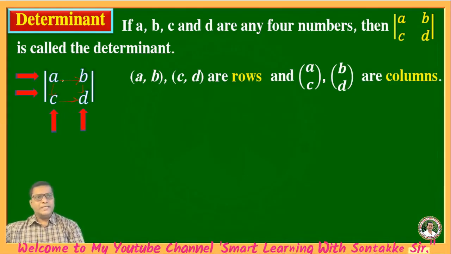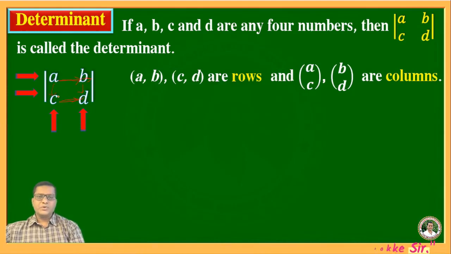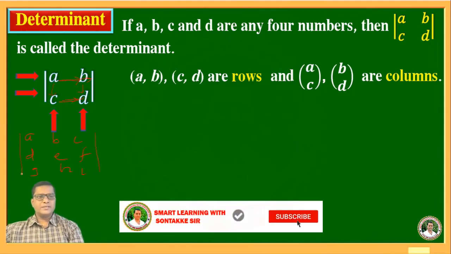Then the degree of the given determinant is 2 because there are two rows and two columns. Each row contains two elements and each column contains two elements. Therefore the degree of this determinant is 2. If a determinant is like a, b, c, d, e, f, g, h, i, then the degree of the determinant is 3.